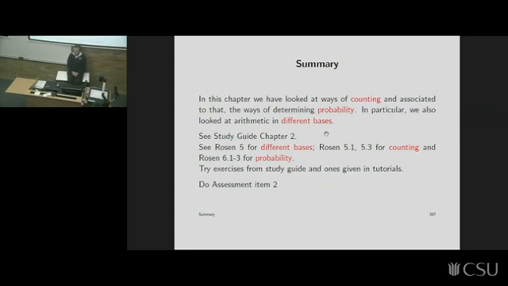In particular, we looked at combinations and permutations and factorials as special cases of those. And then we finished looking at probability and probability distributions. That's essentially what we've done in this section of the subject. It's going to be assessed in the online assignment. Who's had a look at that?